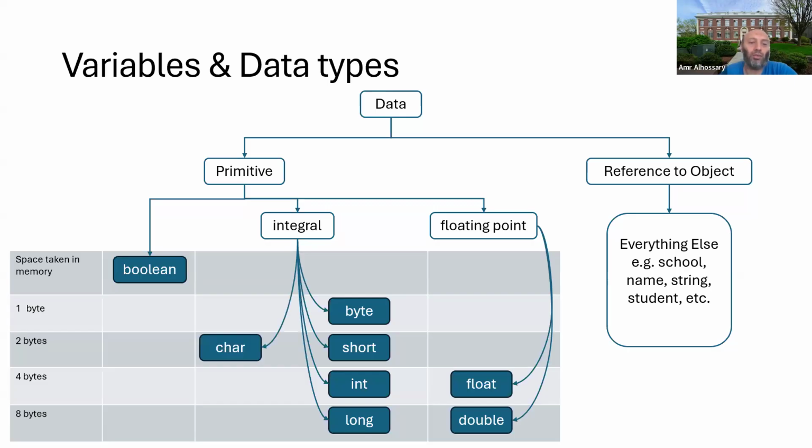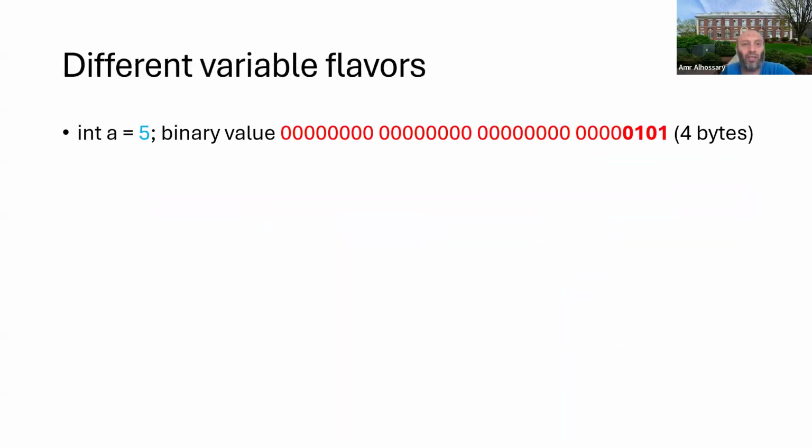And we have another type called character, which is char, and this is the only unsigned type. It holds the Unicode code of the symbol which we refer to. And we mentioned some different flavors of that type.